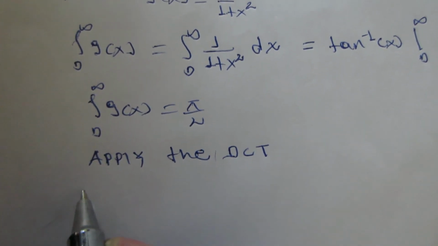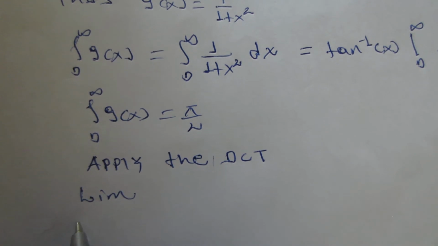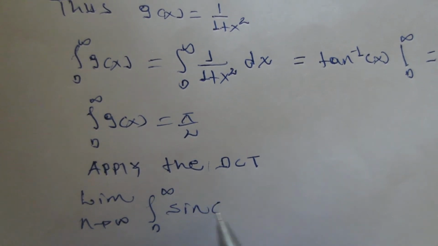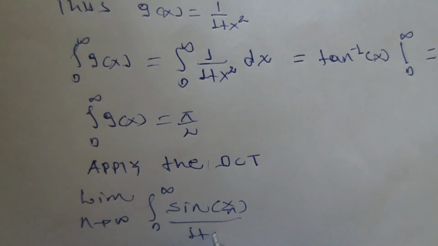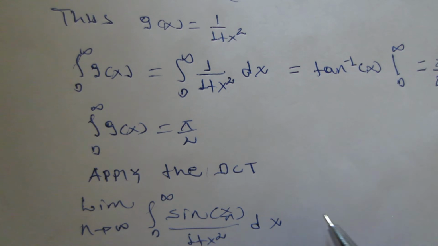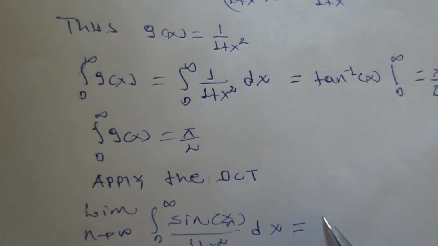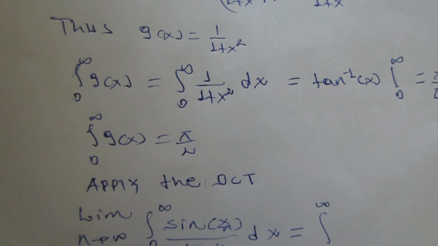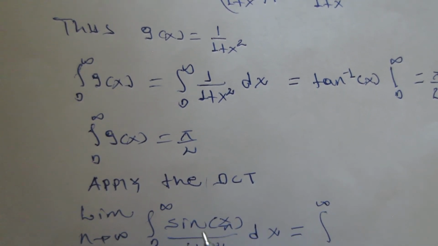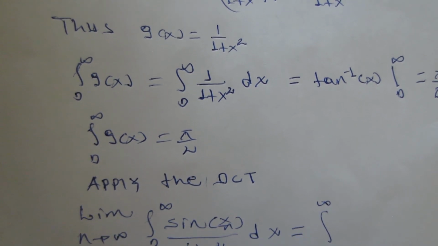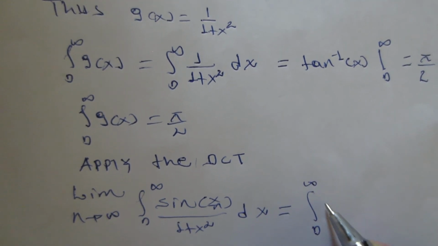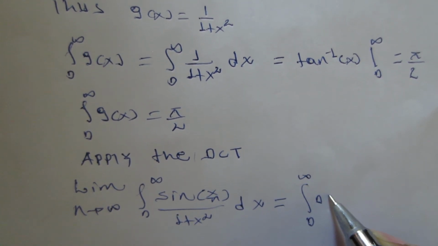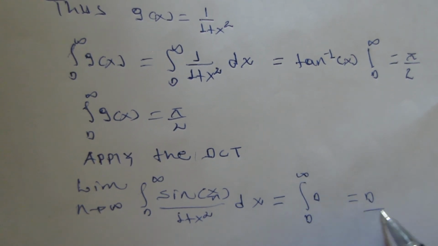So now the limit as n tends to infinity of the integral from 0 up to infinity of sine(x/n) over 1 plus x squared dx is equal to the integral from 0 up to infinity of the limit of this function, which is 0, because here f(x) is 0, and so this is equal to 0.